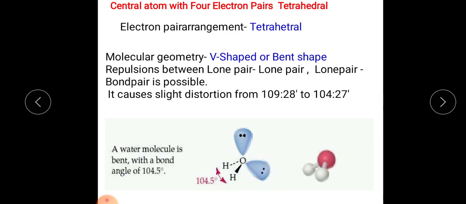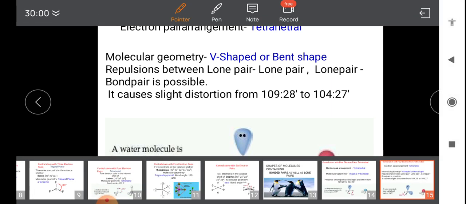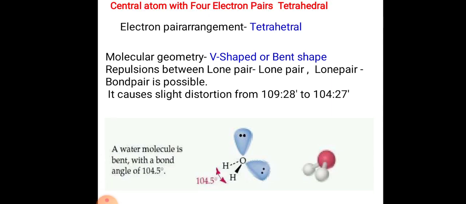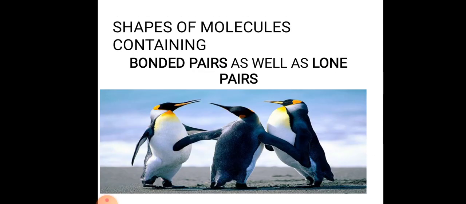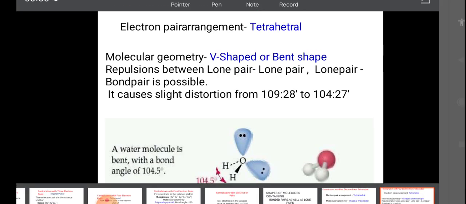Now again you have a molecule where the central atom contains 4 electron pairs. Whenever you have 4 electron pairs, the arrangement must be tetrahedral. But out of the 4, there are 2 lone pairs. So the net arrangement of electron pairs is tetrahedral, but out of the 4, 2 are lone pairs.